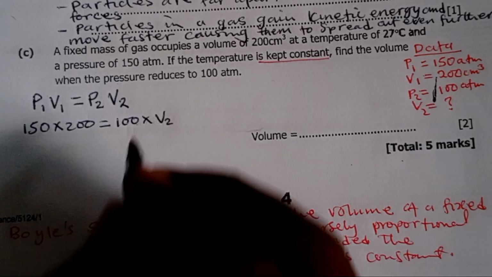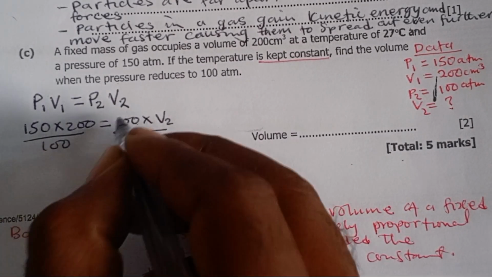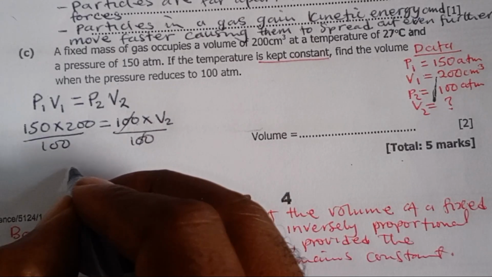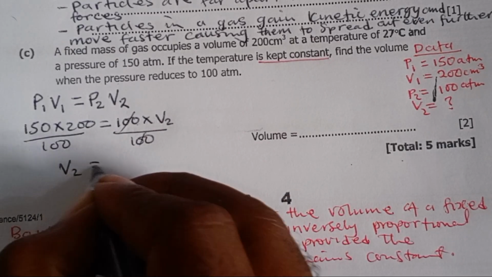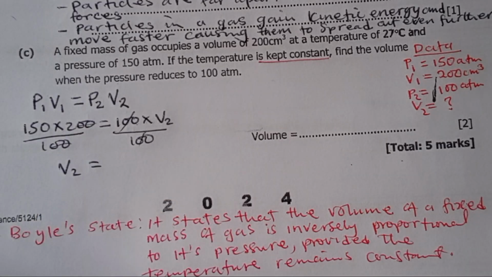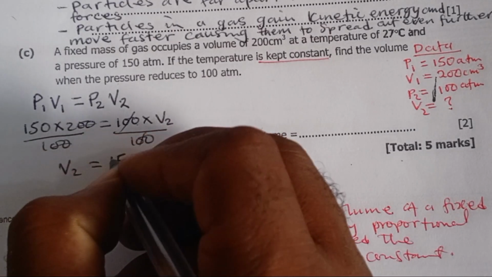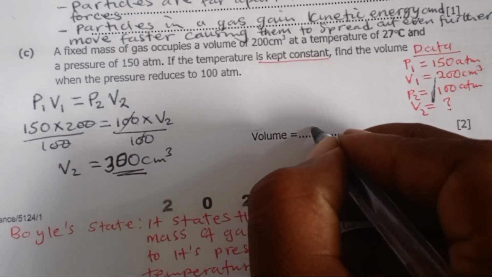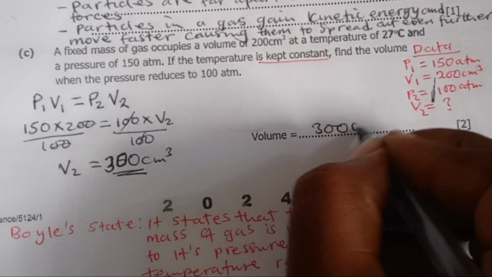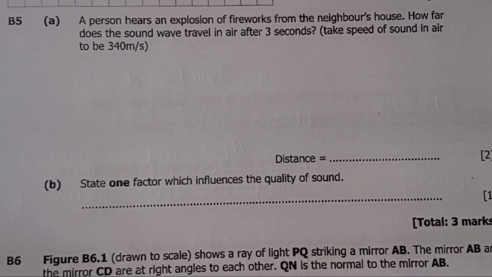We divide both sides by 100, the two zeros go, so V2 is equal to 2 times 150, which is 300. So the final answer is 300 cm³.